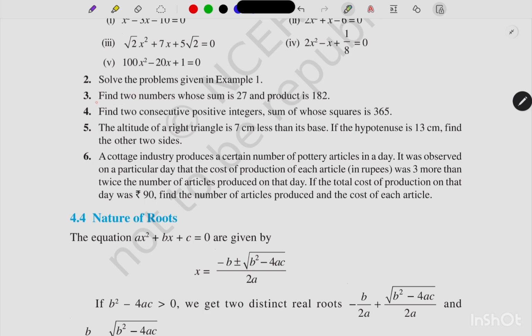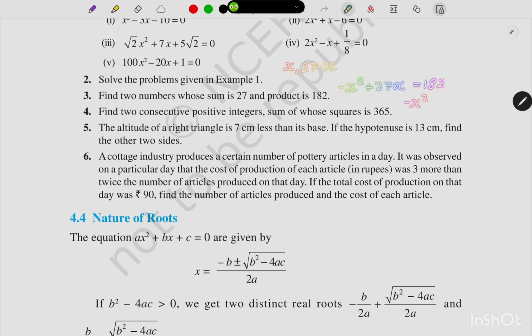Another question. Find two numbers whose sum is 27 and product is 182. So let's say one of the numbers is x, the other number must be 27 minus x. If you get the product of this, you will get minus x square plus 27x, and this is equal to 182.